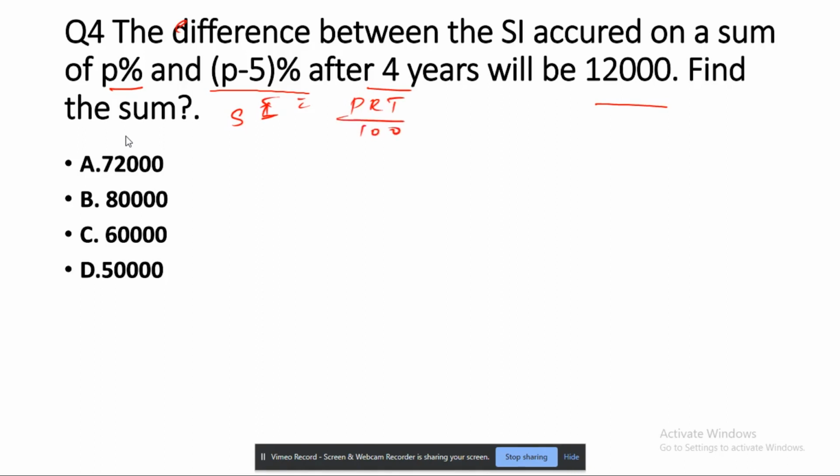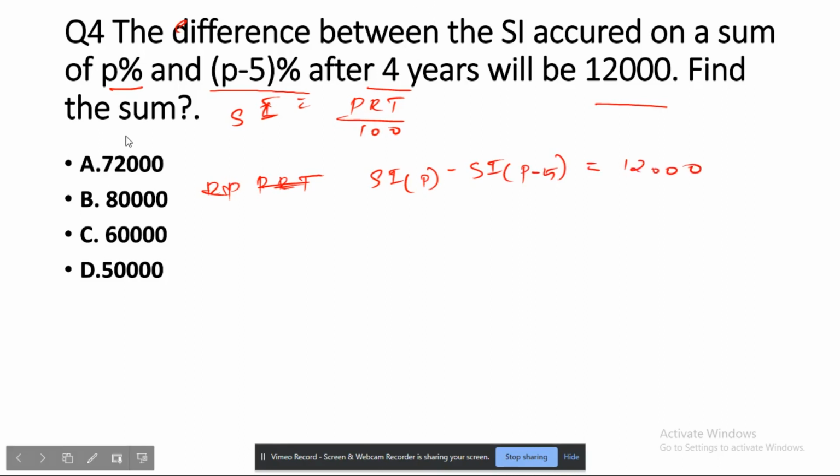We can write the difference of simple interest at rate P and simple interest at rate P minus 5 is equal to 12,000. We can write this because the difference is given as 12,000.